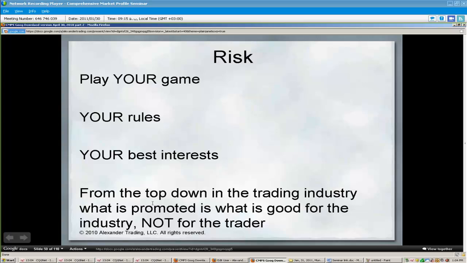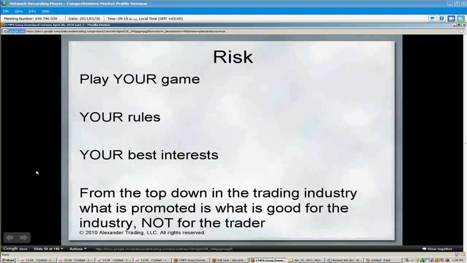And I talked about this yesterday, another topic I talked about yesterday, but from the top down in the trading industry, what is promoted is what is good for the industry, not for the trader. That's almost universal. And it's the regulatory agencies, the exchanges, the brokers, the magazines, the software companies, the trading advisory business itself as a whole.